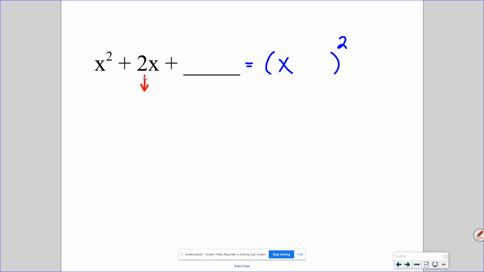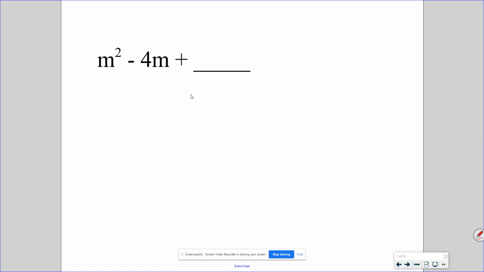The trick is you would take half of this middle term, which is 1, and you're going to square that number, and that'll tell you the third value that you need to make this a perfect square trinomial. So if I have a 1 in this place, then x plus 1 quantity squared would be the correct factorization of that trinomial. So it's just a little trick, okay?